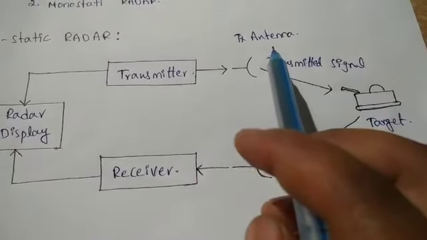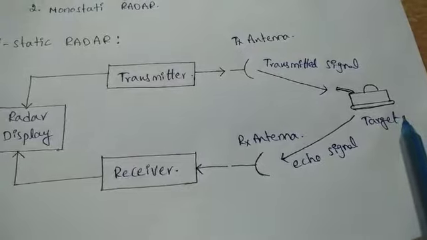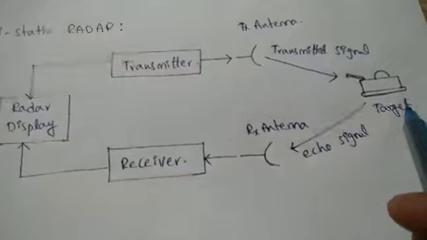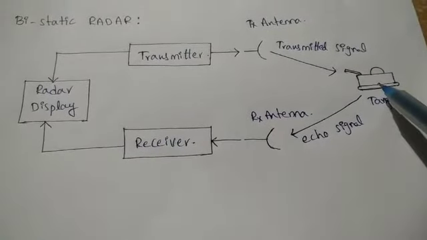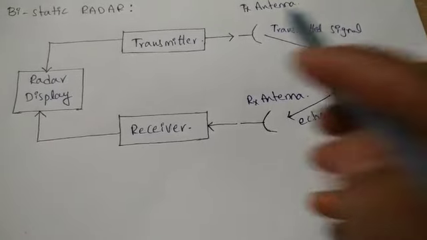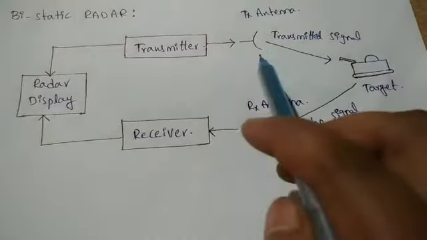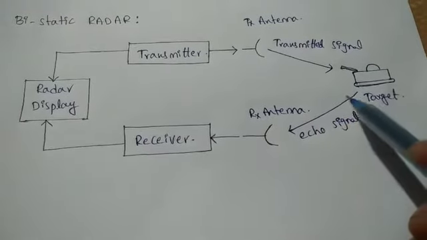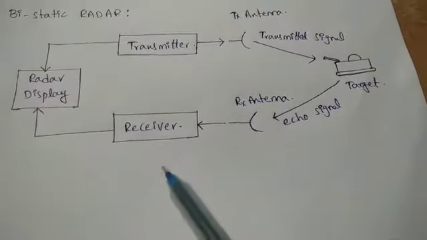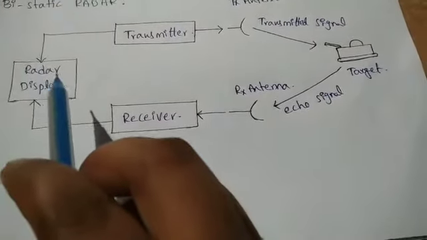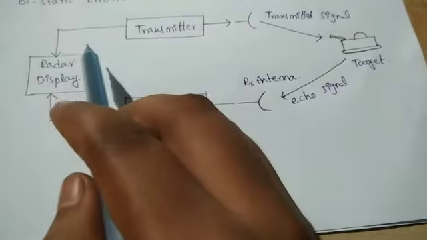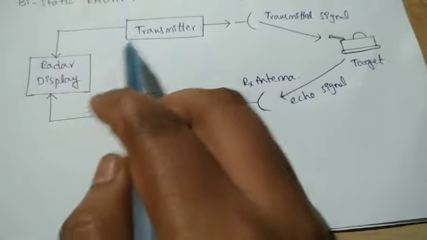We send radio waves towards the target, and based on the received echo signal, the radar display will show the position, the speed, and at what angle and range the target is.